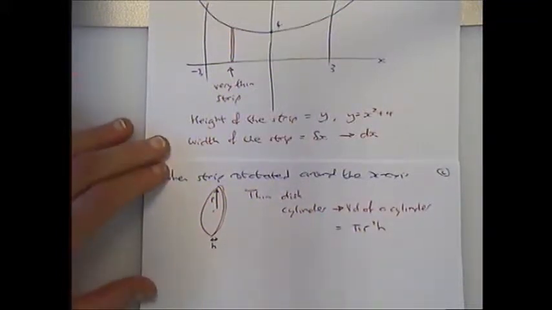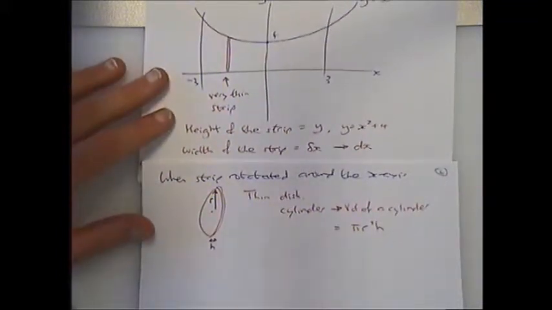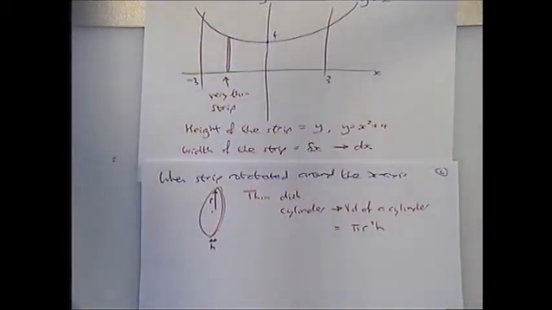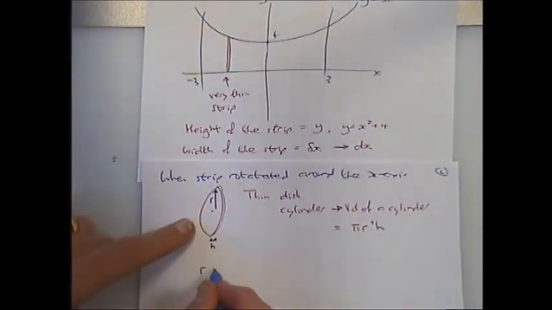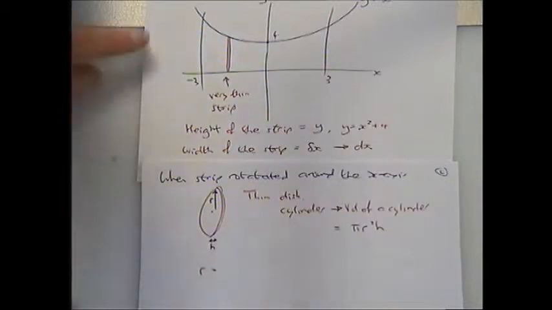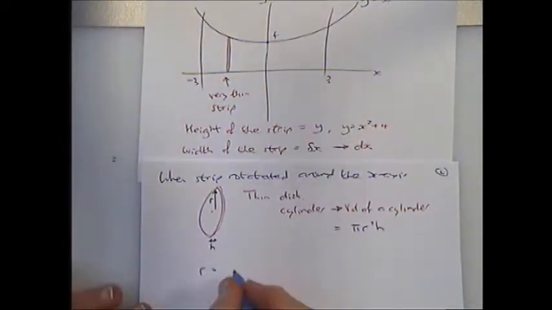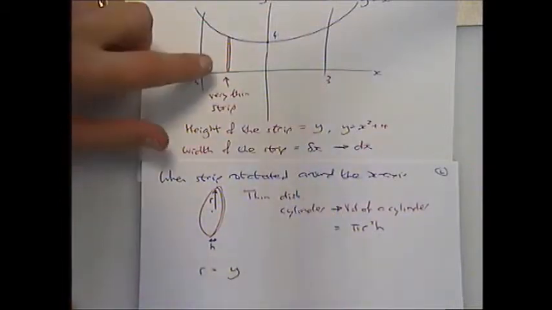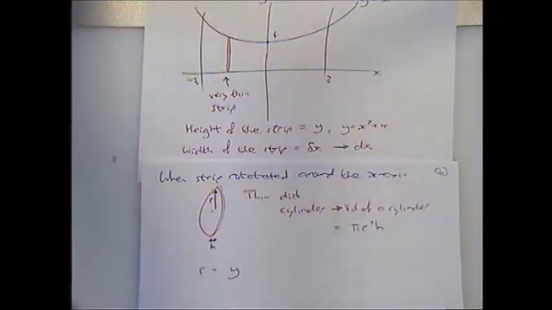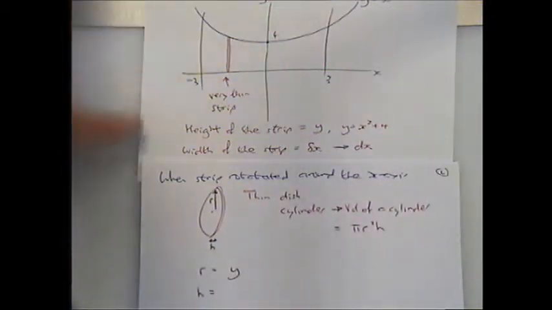Now, in terms of the top drawing, the r over here, what is the r in terms of what we have got here? Y. Yeah, the r is y, which is how high it went up, its height. Okay? And the h, what is h going to be in terms of this then? Dx. Yeah, okay. It will eventually be the dx.